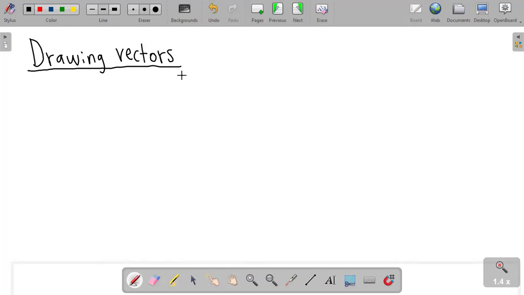There are a few guiding principles that we use to draw a vector.